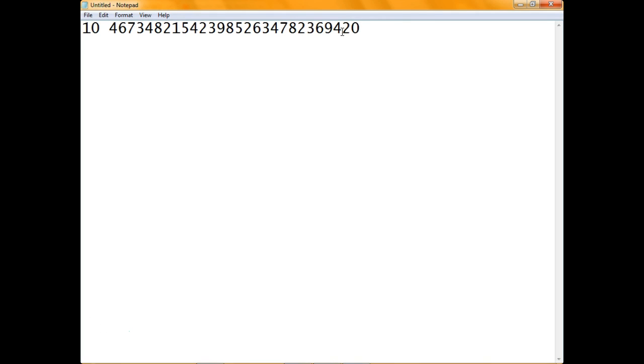It does need to have a 0 at the end, because this would be divisible by 10, even if there was a 1, or a 0 and 1 billion, whatever this number is. Even if it was that number, all this would be gone. So it needs to only end with 0.